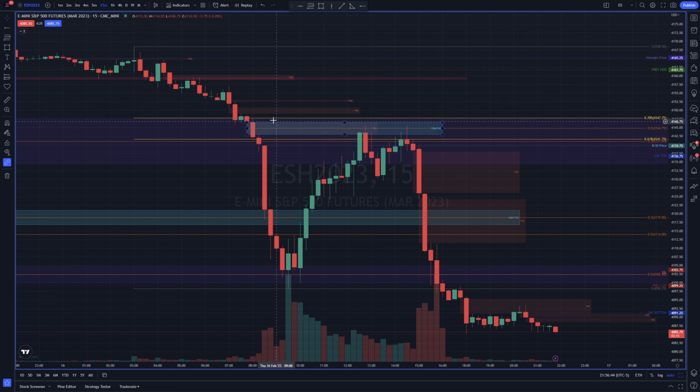This is a 15-minute gap that I had laid out because it was within this golden. So, before 9:30, or actually right after 9:30 took this low, I drew out a golden fib, and I marked this 15-minute gap as a potential target and the CE of that gap, right?